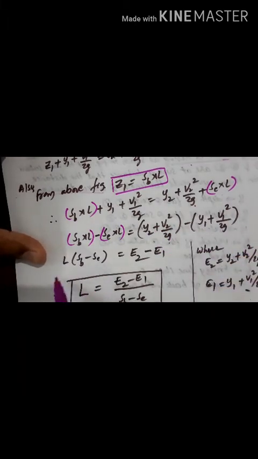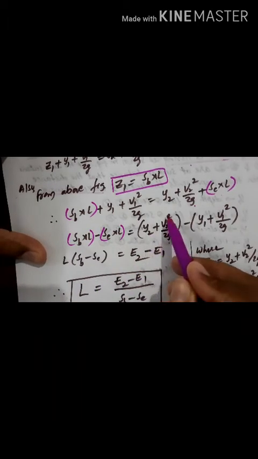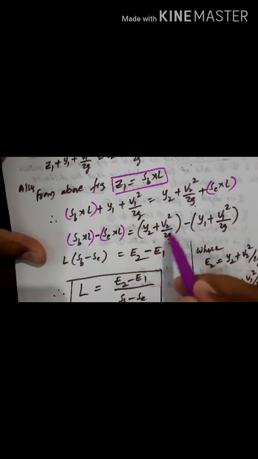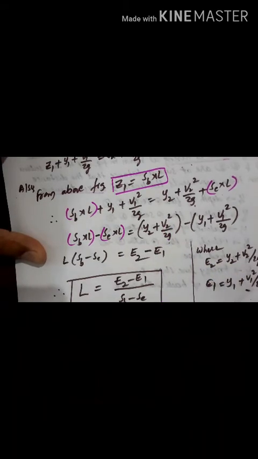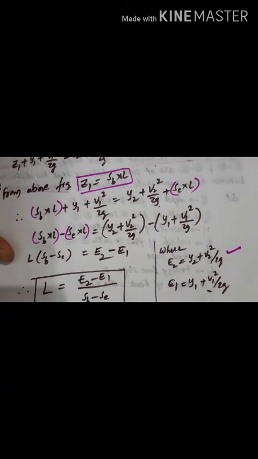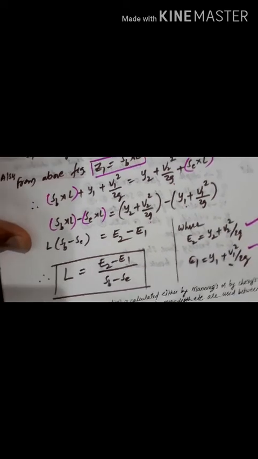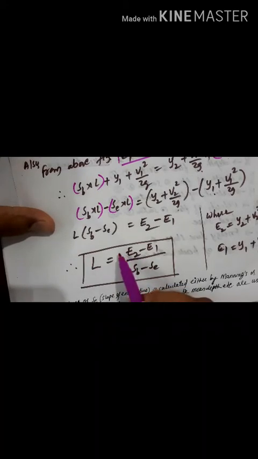Then take L out, we get L times SB minus SE. This represents energy at section 2, that is E2, and this represents energy at section 1, that is E1. Then L will be equal to E2 minus E1 divided by SB minus SE.